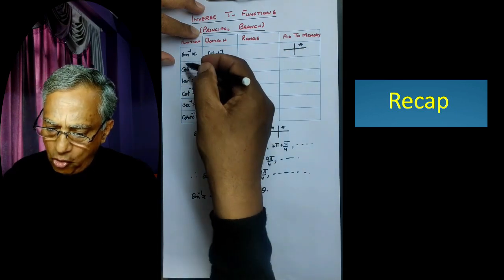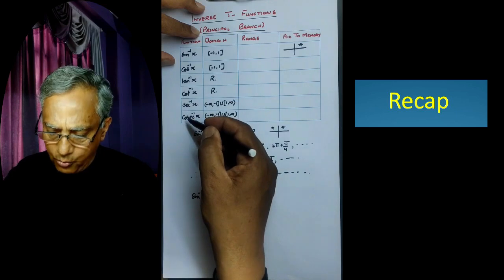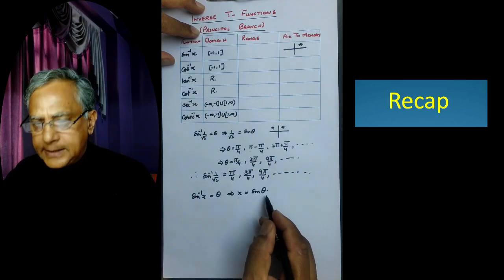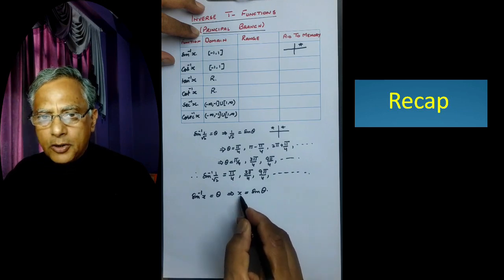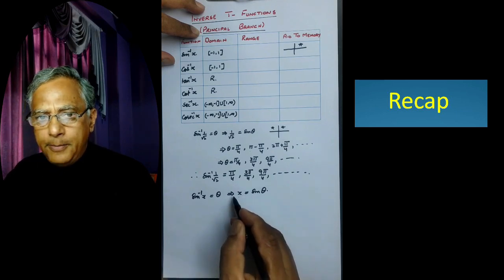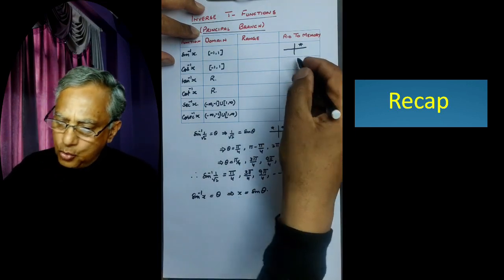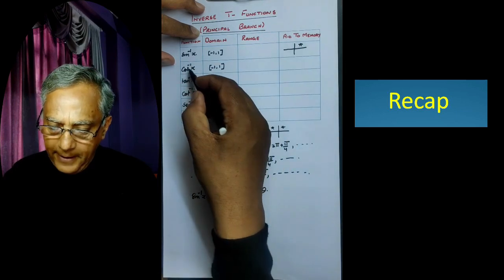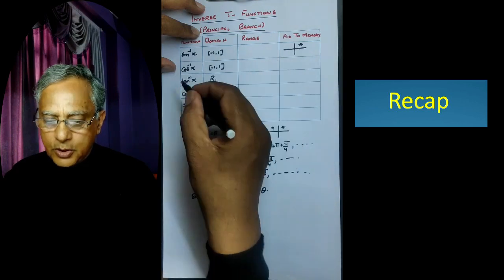So if x is positive, the value of sine inverse x will lie in the first quadrant. And similarly for all other inverse trigonometrical functions. If cos inverse x is equal to theta, then x is cos theta. If x is positive, cos theta will be positive. So positive values will be taken from the first quadrant. If x is positive, then cos inverse x will lie in the first quadrant.